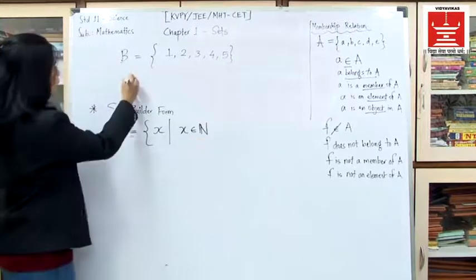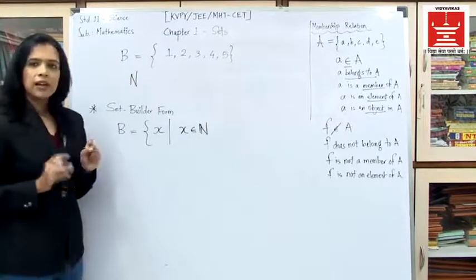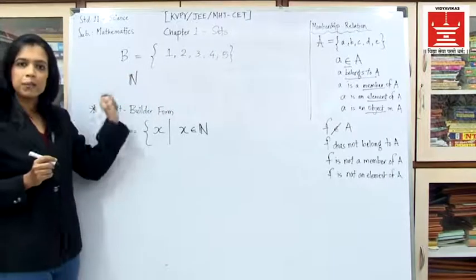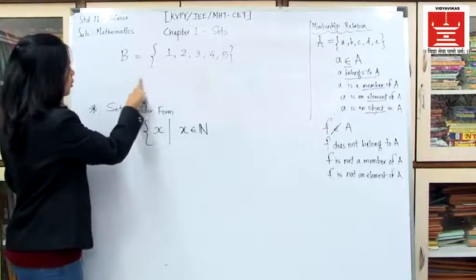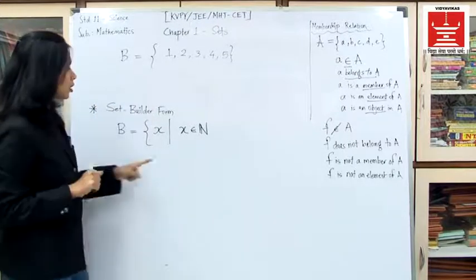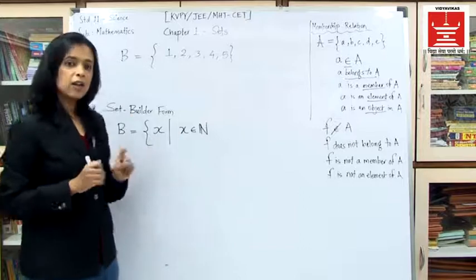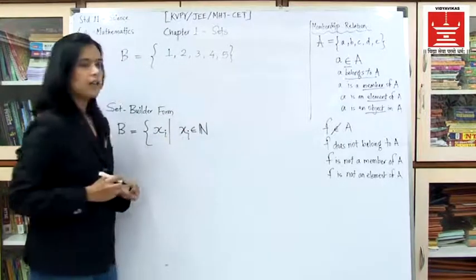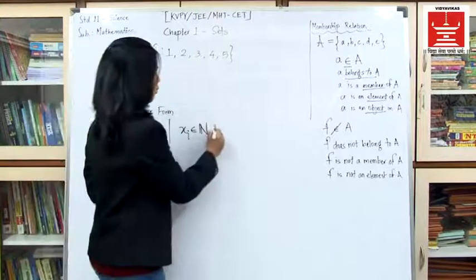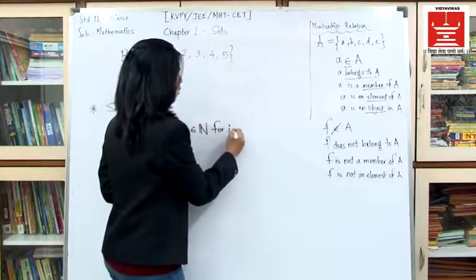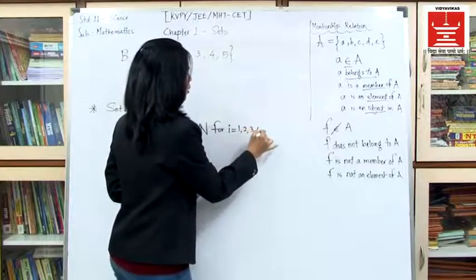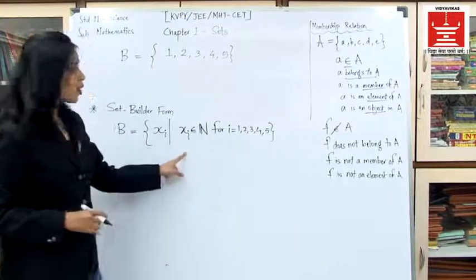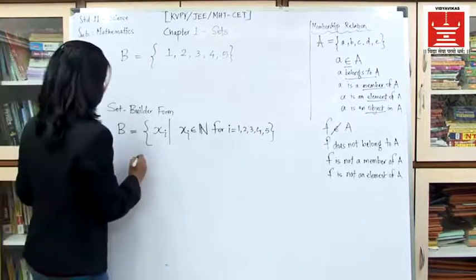So it is not a capital N only, it is a bit fancy way to write it. So script N is the notation to write set of all natural numbers. x belongs to N. Here also we can say that there are x_i's for i running from 1, 2, 3, 4, 5. You can also write the same thing in a different manner.